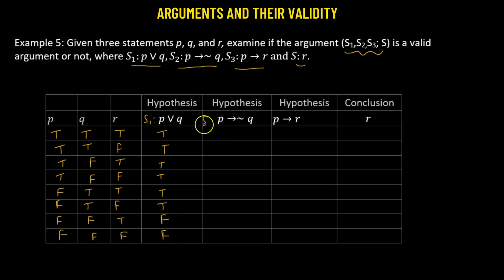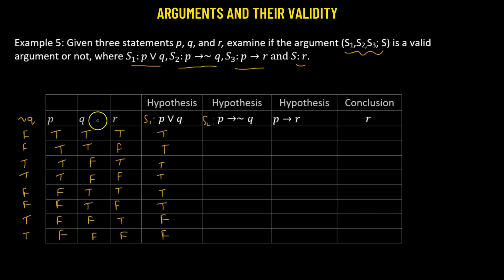Now, hypothesis 2 states that if P, then not Q. So we also need not Q. Not Q will be simply flipping the value of Q. So this will be false, false, true, true, false, false, true, true. Fine. So let's find the conditional statement.